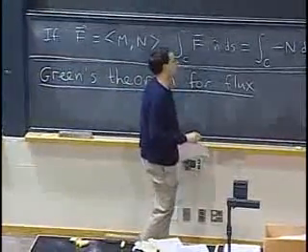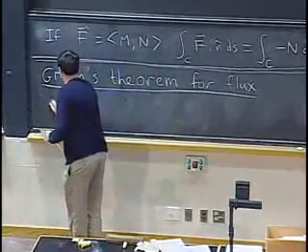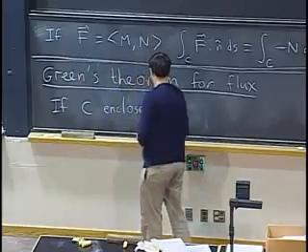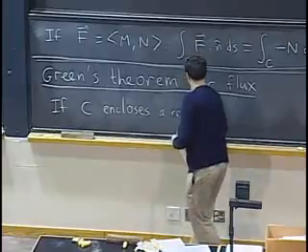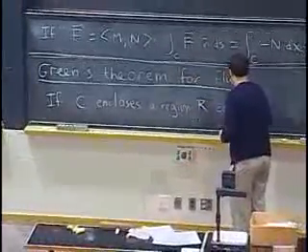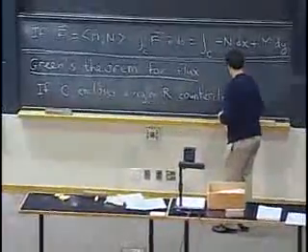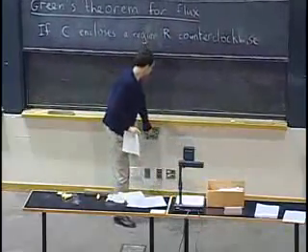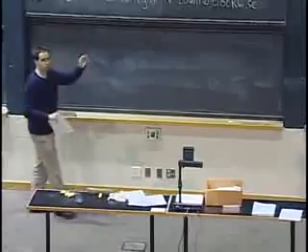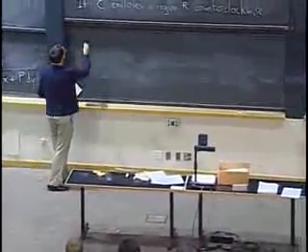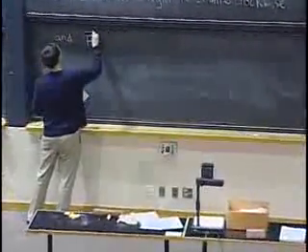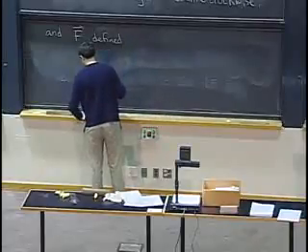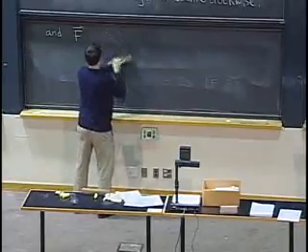Okay, so what does Green's theorem for flux say? So it says if C is a curve that encloses a region R counterclockwise, and if I have a vector field that's defined everywhere, not just on C, but also inside, so also on R, defined, well, and differentiable and so on, in R, well, maybe I should give names to the components.